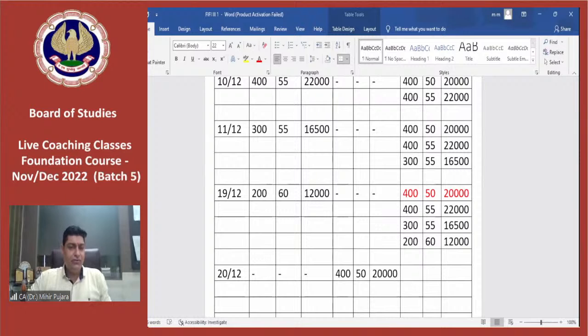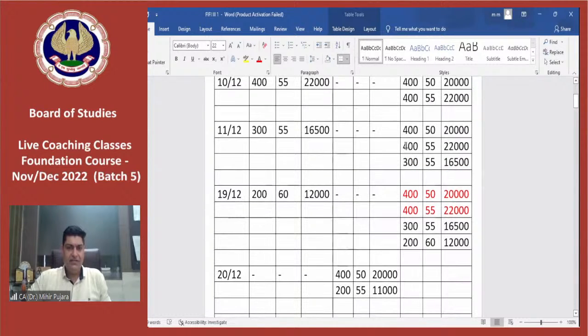I have to issue total 600, friend, so the remaining I will issue from this. So 400 and 200 I will issue from this. Clear, friend? Very clear, simple.